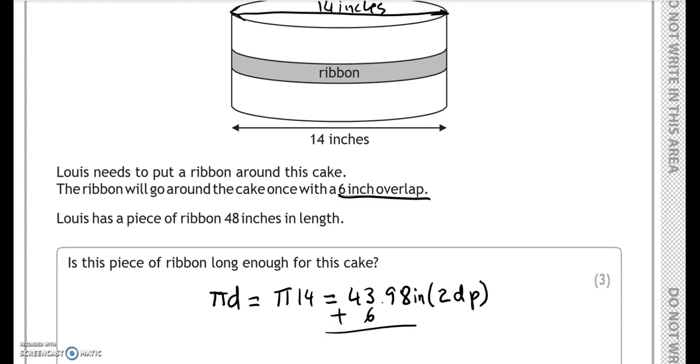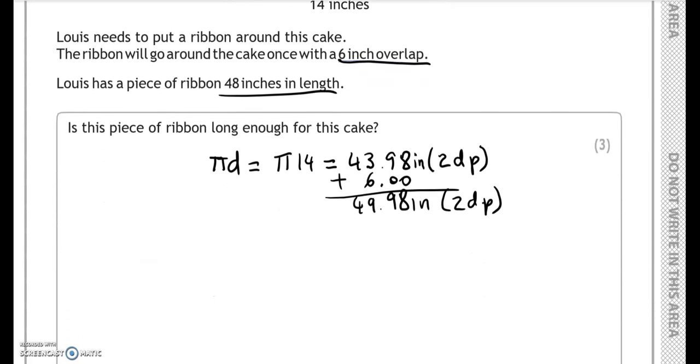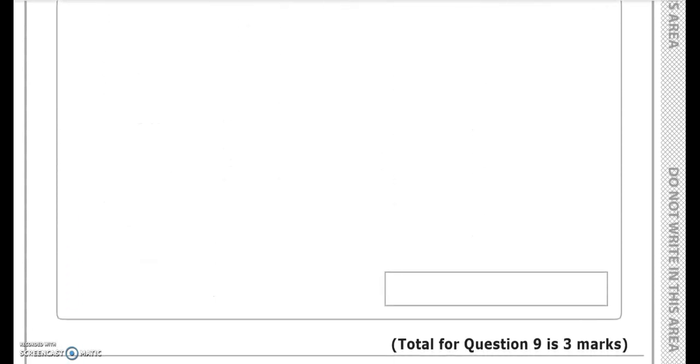So I'm going to add 6 to this. And that is going to give us 49.98 inches to 2 decimal places. So the ribbon that he's already got is not enough. It's not long enough. So no, he needs 49.98 inches.